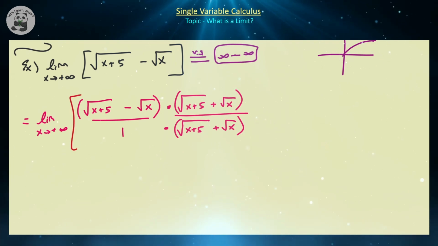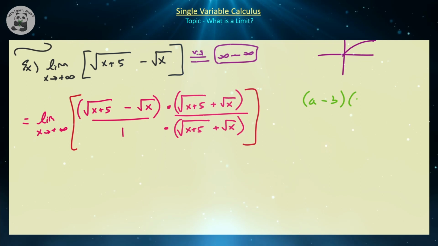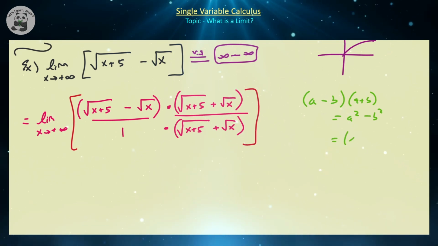So on the top, the structure has this form a minus b times a plus b, which we know is just a squared minus b squared. So those radicals will just cancel, in particular equal to x plus 5 minus x, right? Which is just going to be equal to 5.